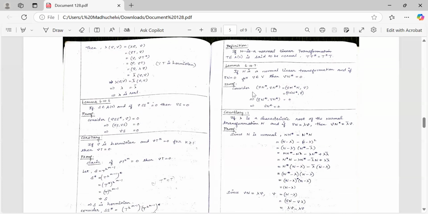We can write, using the inner product properties, inner product (vN star N, v), that is equal to (vN N star, v), that is equal to inner product (vN star, vN star), that is equal to 0. The 0 implies vN star equal to 0. So N is a normal linear transformation, and if vN equal to 0, then vN star also equal to 0.